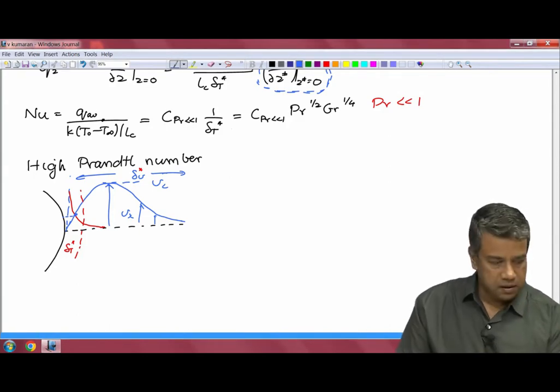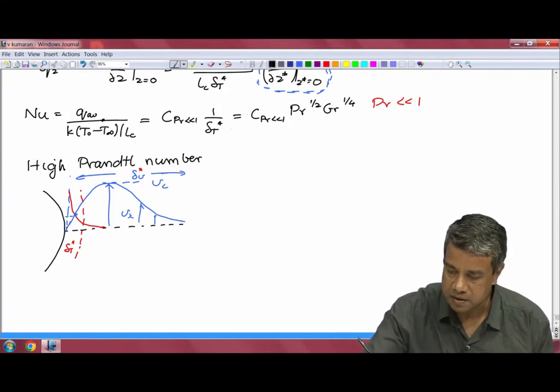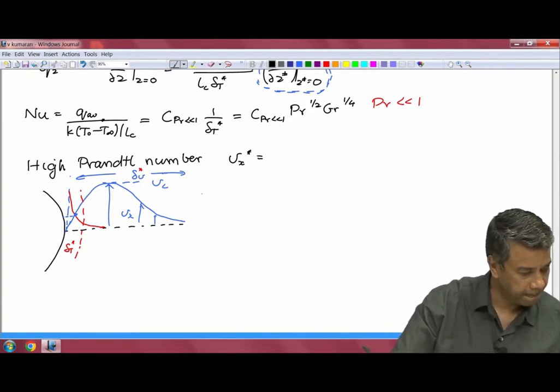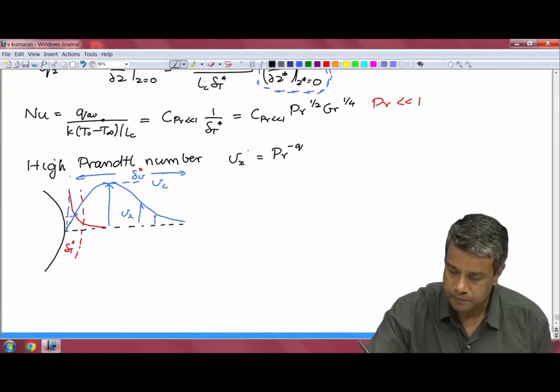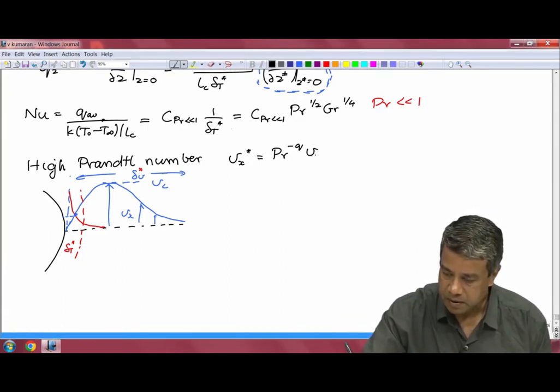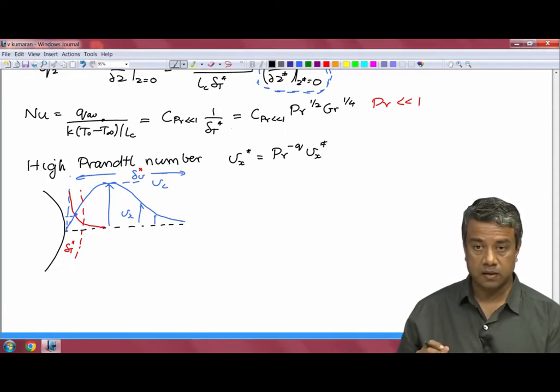That means that within the thermal boundary layer, we have to express the scaled velocity, Vx star, as equal to this Prandtl number to some power, times Vx double dagger, where Vx double dagger is an order 1 quantity.